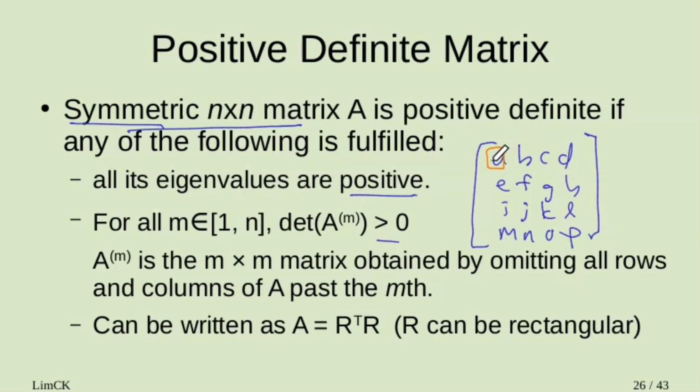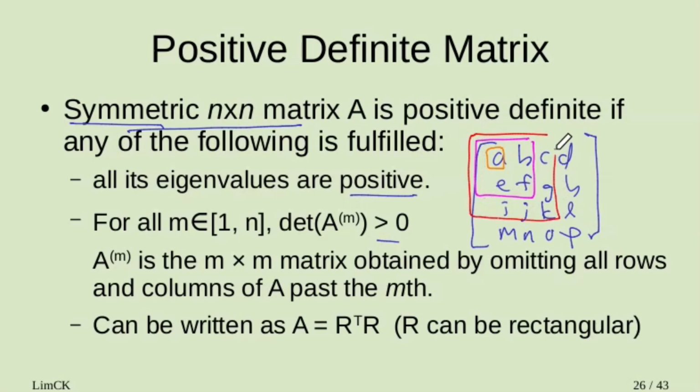Yes. Then the second step, you check if this one is a matrix, is the determinant of this matrix, the purple one, positive? If yes, then the third one is this matrix.